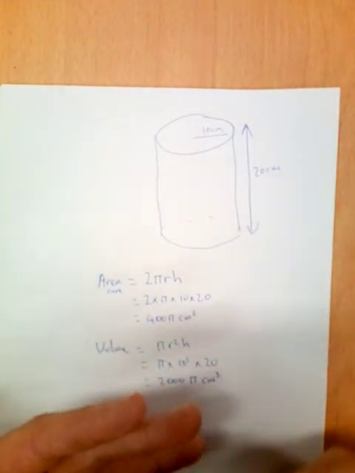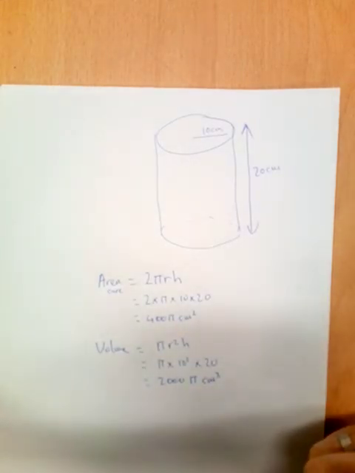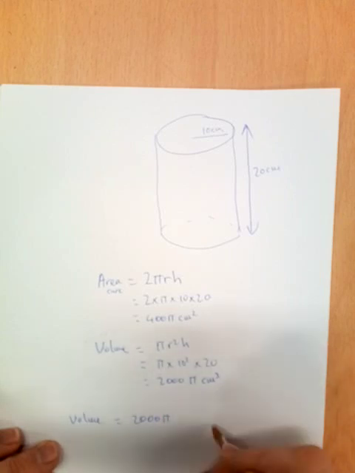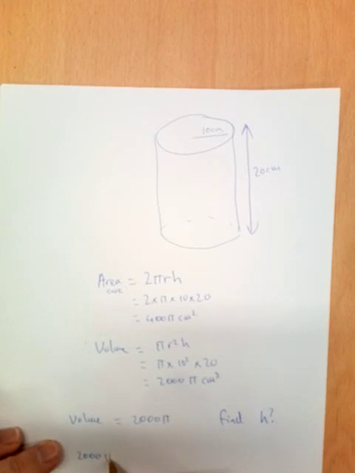Now again, I'm going to show you the trick. What happens if they give you one thing missing? So let's say they tell you that the volume is 2,000 pi, but find the height. Well then, look, if they tell you the volume, put in the volume formula. 2,000 pi is equal to pi multiplied by r squared multiplied by h. 2,000 pi is equal to pi multiplied by 10 squared multiplied by h.